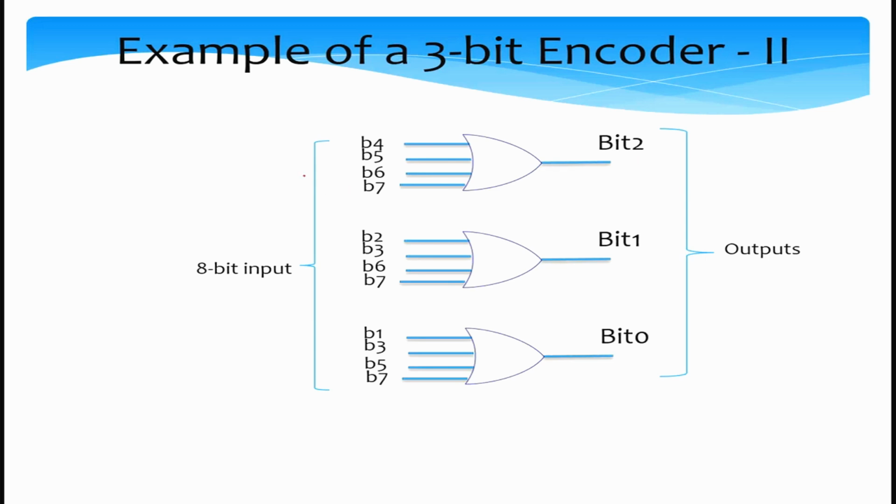So bit 2 is B4 or B5 or B6 or B7. Similarly, for bit 1 and bit 0, the circuits are determined by the equations on the previous slide. This is a fairly simple circuit. All that we need is 3 4-input OR gates. A 4-bit and a 5-bit encoder are slightly more complicated in the sense we need OR gates with even more inputs, but this is the basic idea.